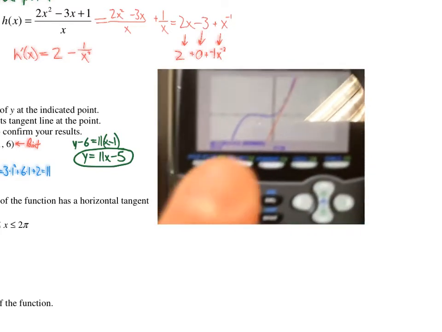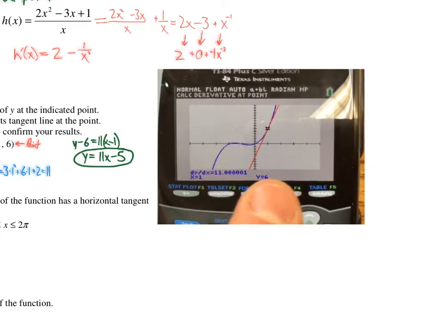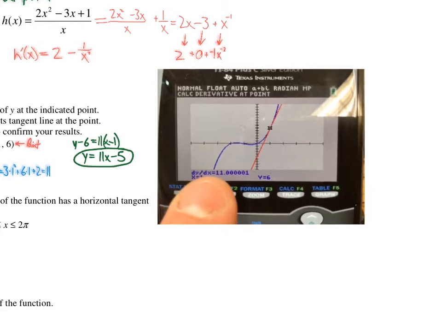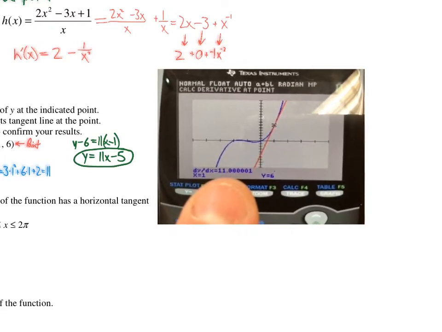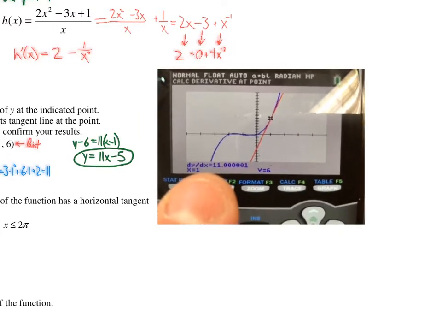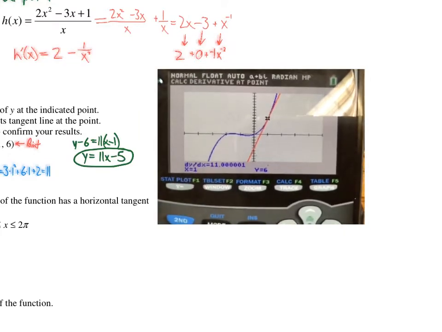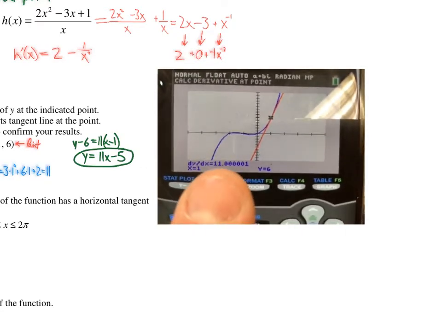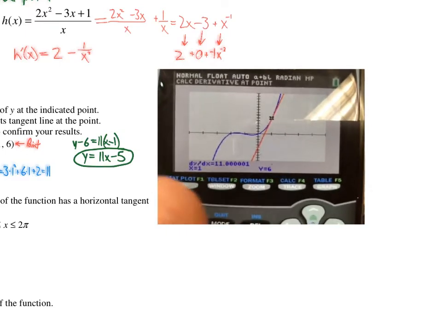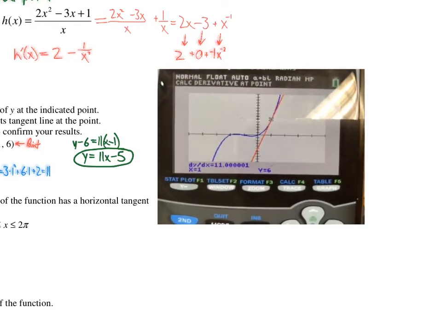It shows you the 0.16 down here, but look at that. dy dx equals 11. Because of the iterations it does, it came up with that 1 way down the line in the decimal, but this is just 11. And what did we get our slope to equal? We got our slope to equal 11.